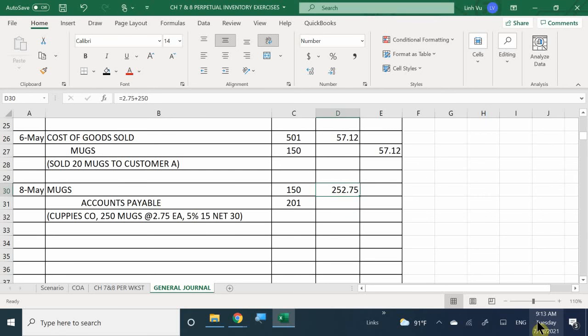But how much was my freight? $50. So 252.75 plus $50, what's my grand total that I purchased?